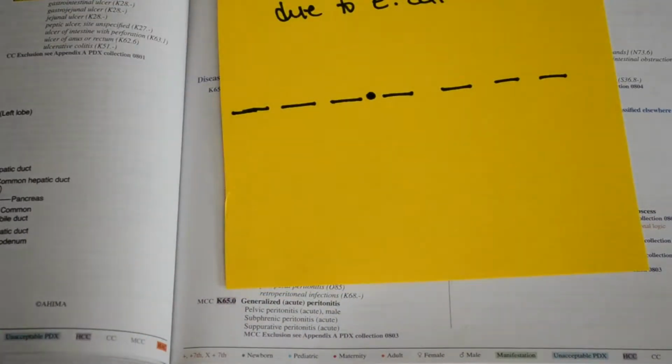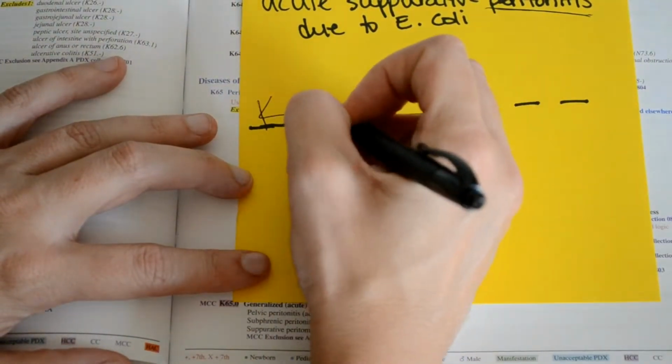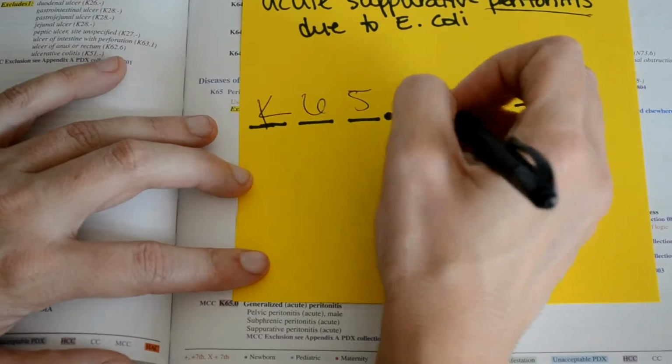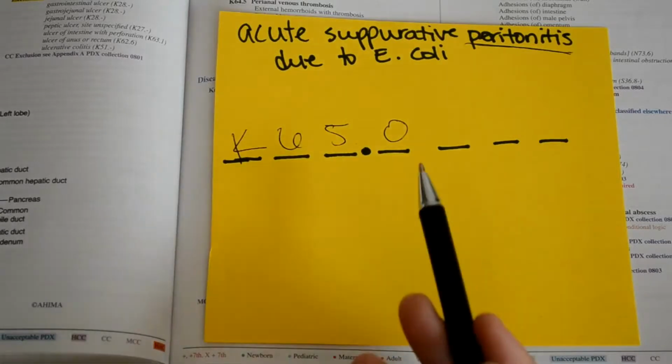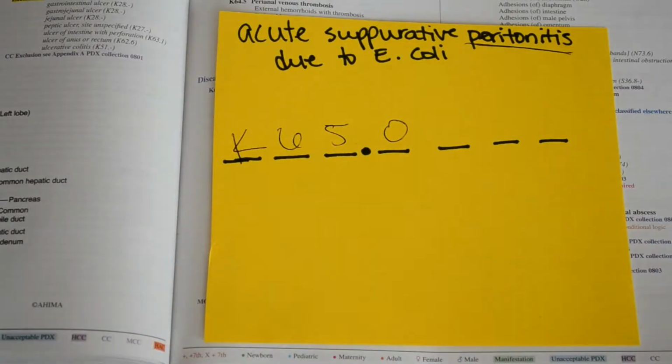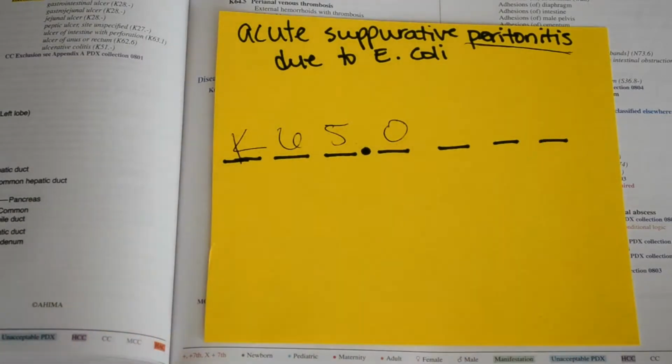So in our little code diagram, K65.0. If you remember from the previous video, I said that not all 7 characters need to be filled in. And they didn't give us a notation that says we need a 7th character. So we get to leave all of those blank and just have K65.0.